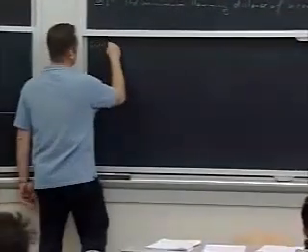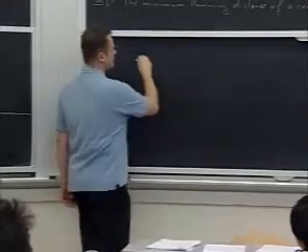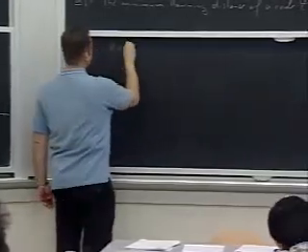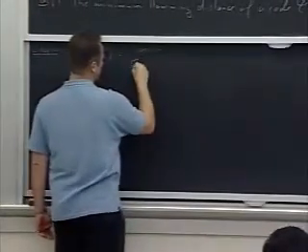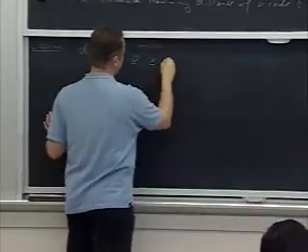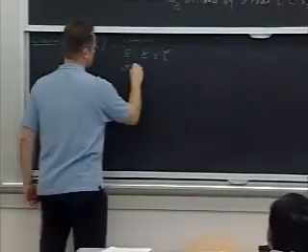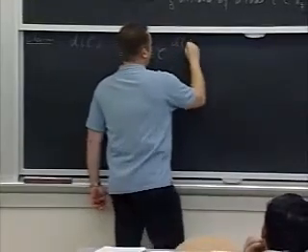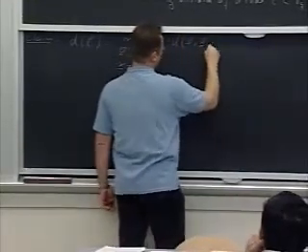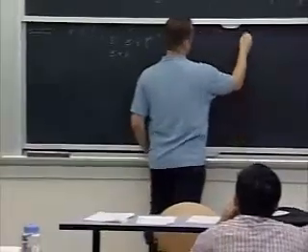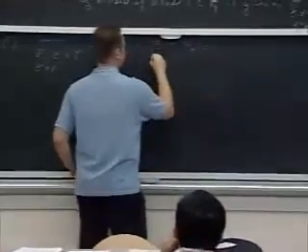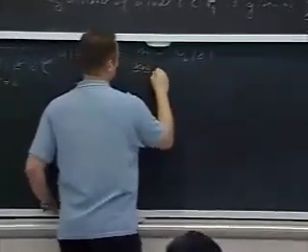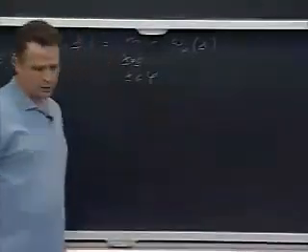So now I claim that the minimum distance of a code is also given by the minimum distance between 0 and x in the code, and this is the minimum of the Hamming weight of x, x unequal to 0, x in the code.